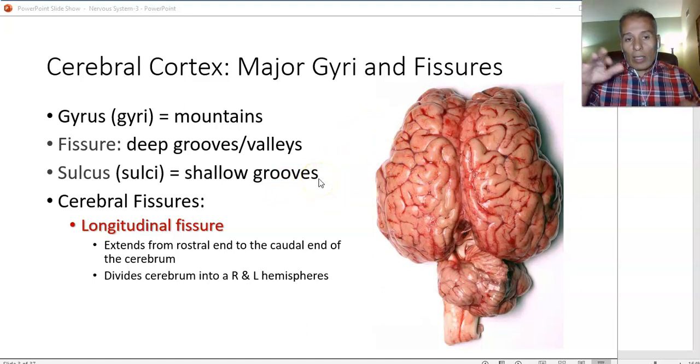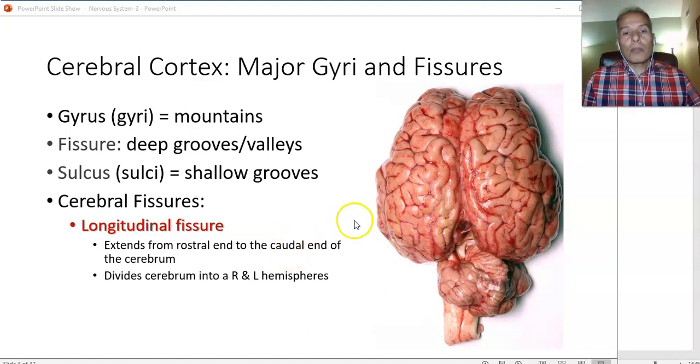When the sulcus is a deep groove, we call it a fissure, but sometimes people use the same name for both. For example, the groove in between the right hemisphere and left hemisphere is called the longitudinal fissure.